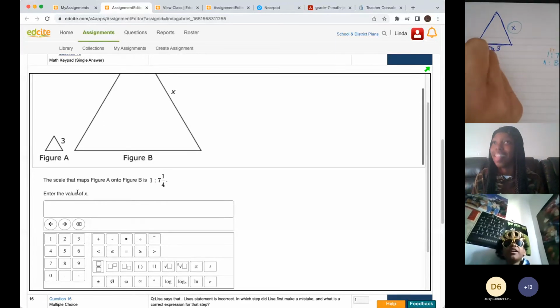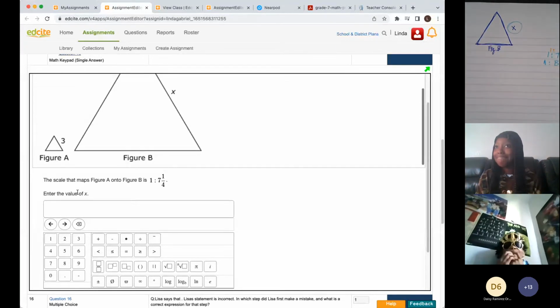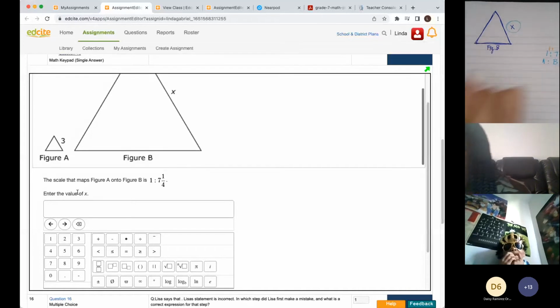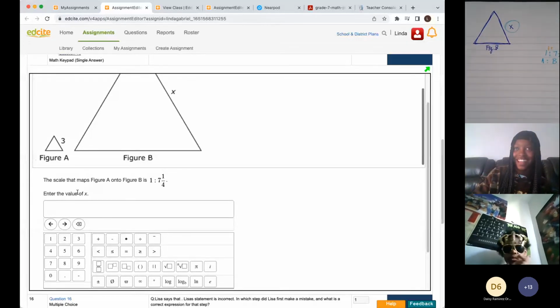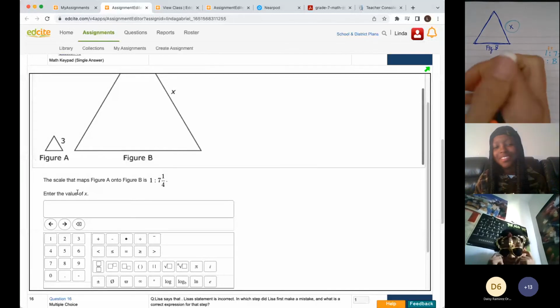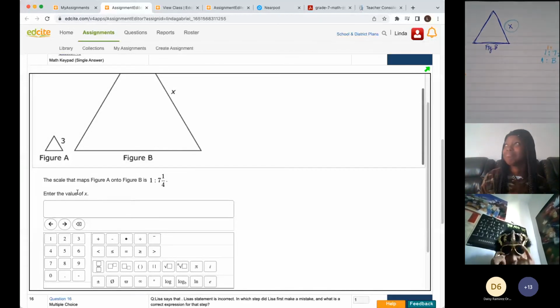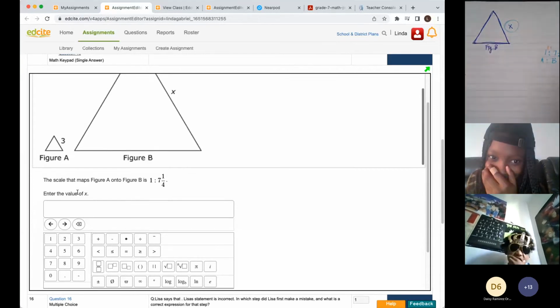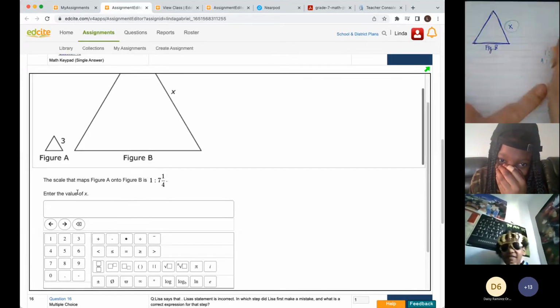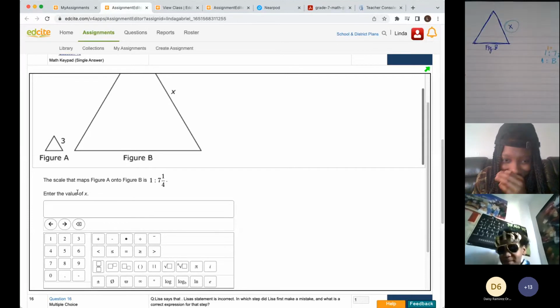So I have 3, and I need to figure out what my B will be. Here's A. Here's B. We don't know what it is quite yet, but we know that the relationship needs to be 1 to 7 1/4.